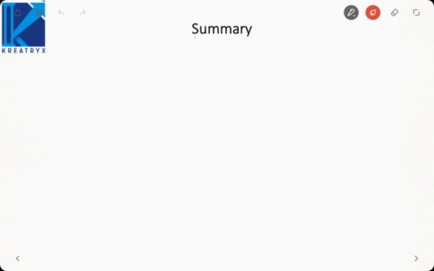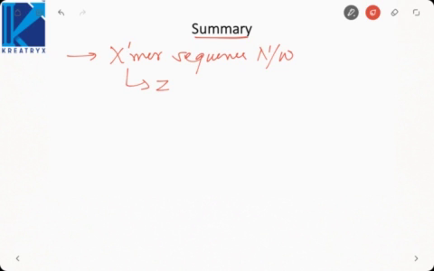So let us summarize what we covered in this lecture. We first saw the transformer sequence network, and there we saw different zero sequence networks based on transformer connection. Then we saw the transmission line.